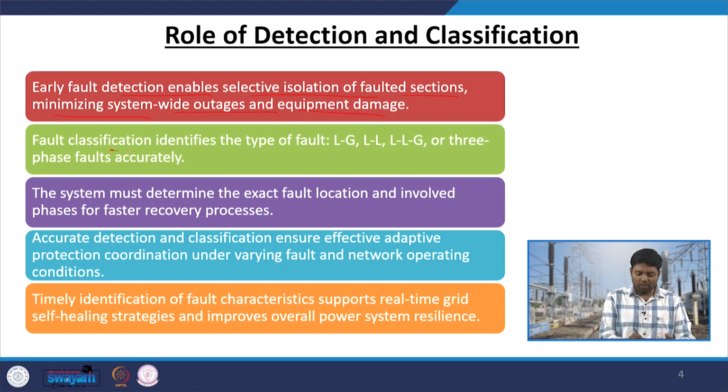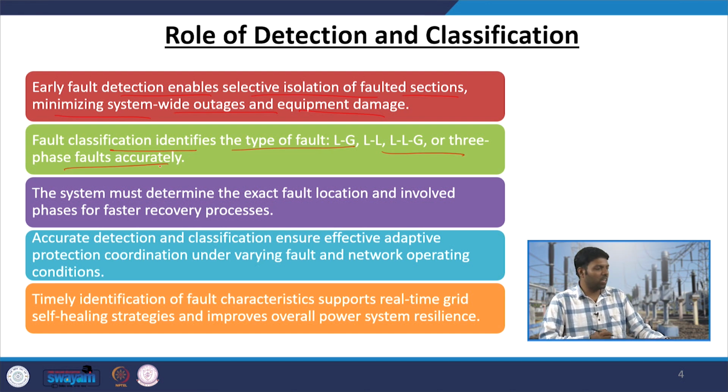So, fault classification identifies the type of fault: LG, LL, double LG or 3-phase fault. If you have a good classification algorithm, that will say whether your fault is phase to ground, or line to line, or double line to ground, or directly a 3-phase to ground fault.